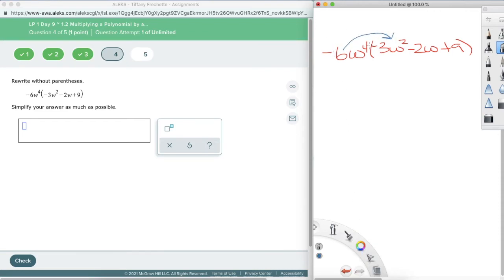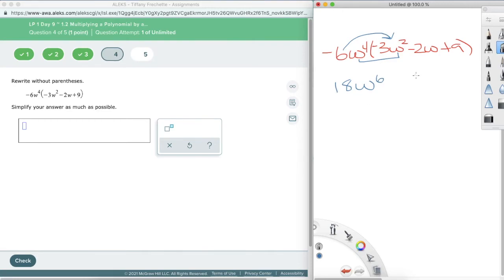Remember, deal with coefficients first. So negative times a negative is a positive. 6 times 3 is 18. Now deal with the variables here. So w and w, those match, meaning they're the same base. So it's 4 plus 2. I have 4 w's here and I have 2 w's there. So total I have 6 w's.